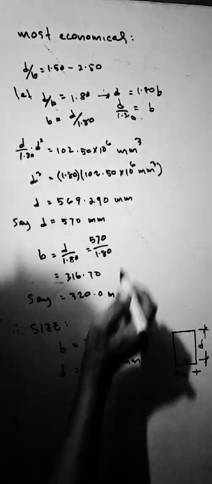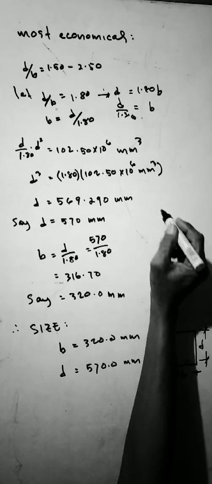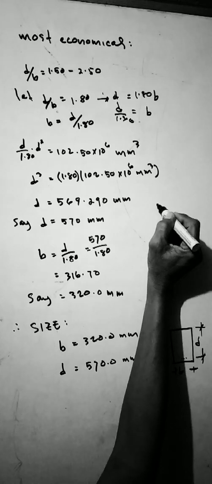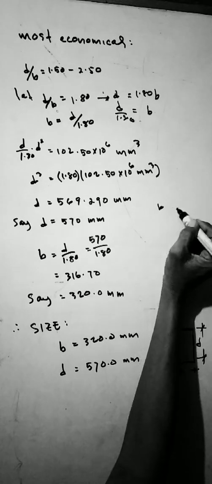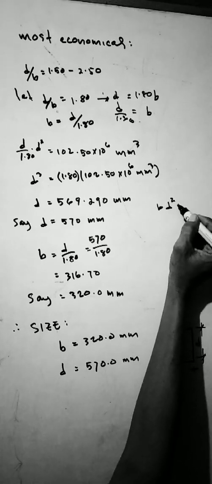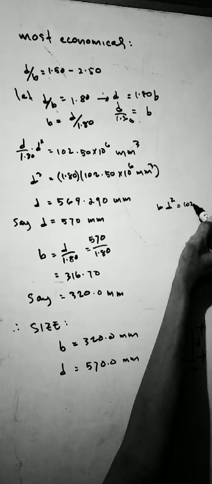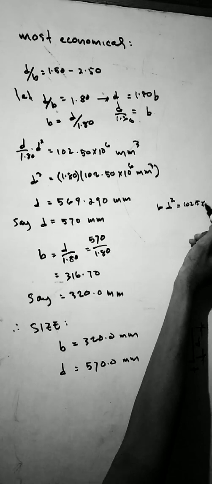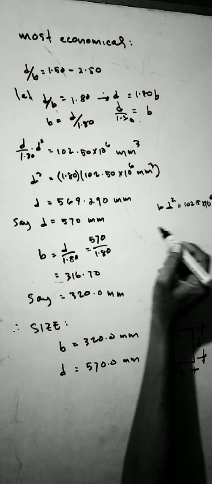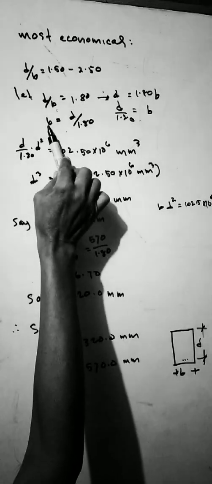From the equation b d squared, we will substitute the value of b.